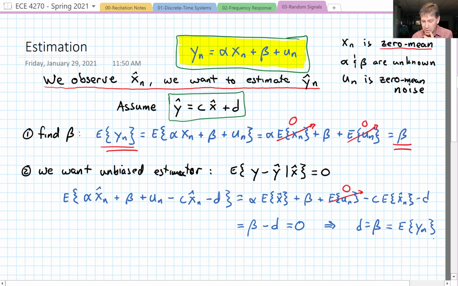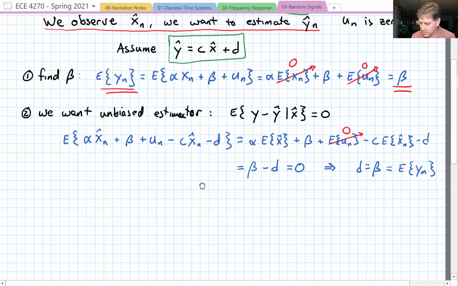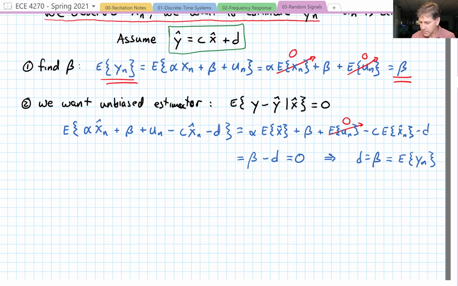Okay, so we're partway there. For our y hat equal to c x plus d, we've now come up with the correct value of d, which is equal to the expected value of y.